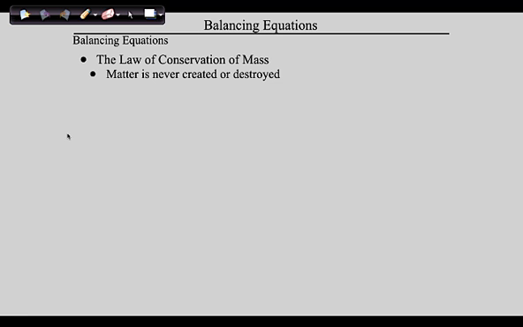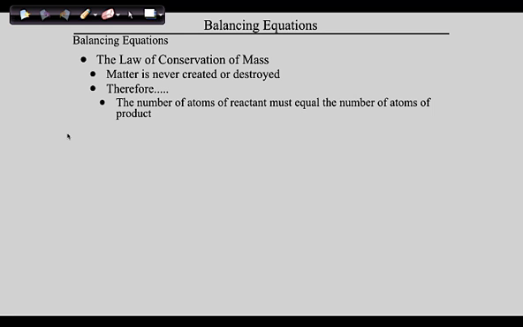Because if matter is never created or destroyed, then everything that goes into a reaction has got to come out of the reaction. So the bottom line is the number of atoms of reactant must equal the number of atoms of product. If those aren't the same, then your equation isn't balanced.